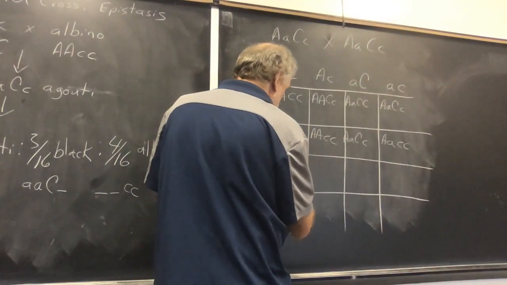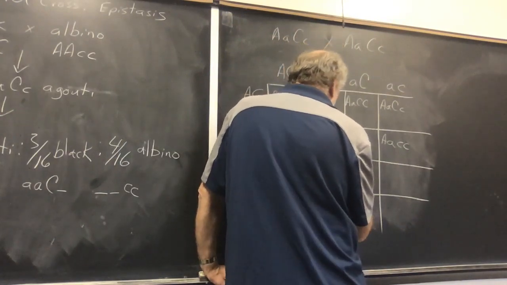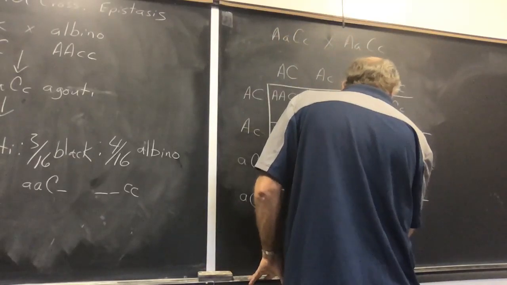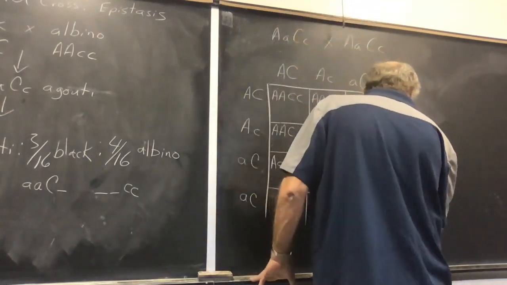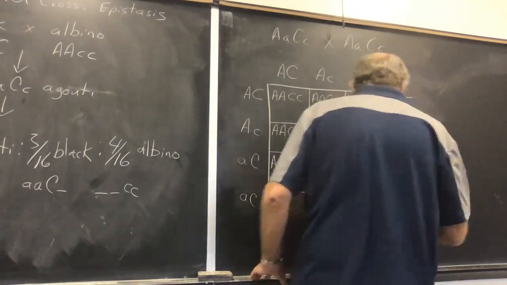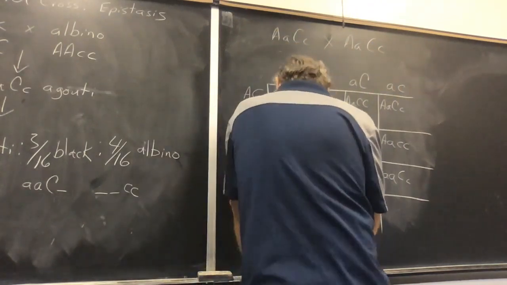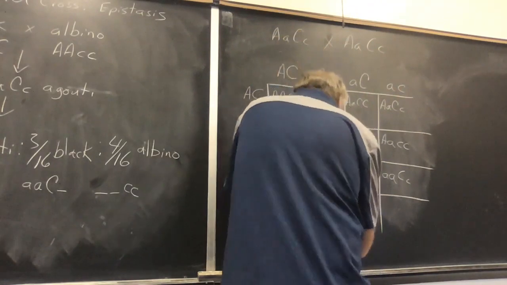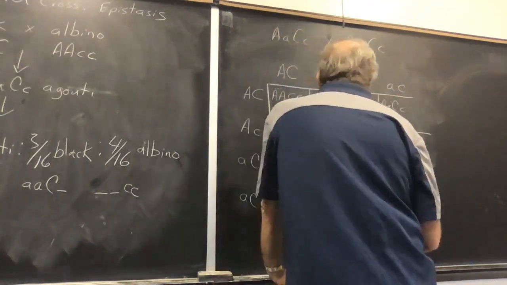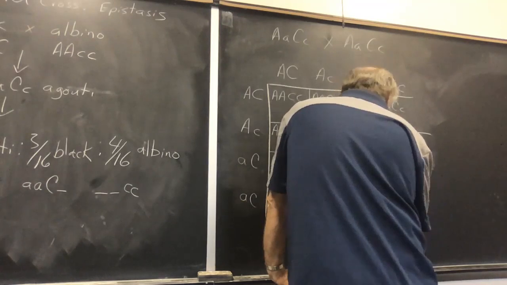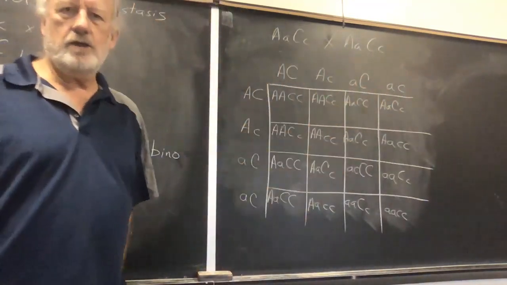Big A, big C, little a, C, little a, big C, big C, little a, big C, little C, big A, little a, big C, big C, big A, little C. So, done that correctly. There's all our genotypes.